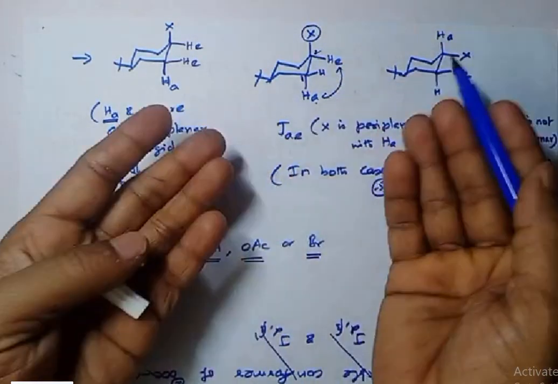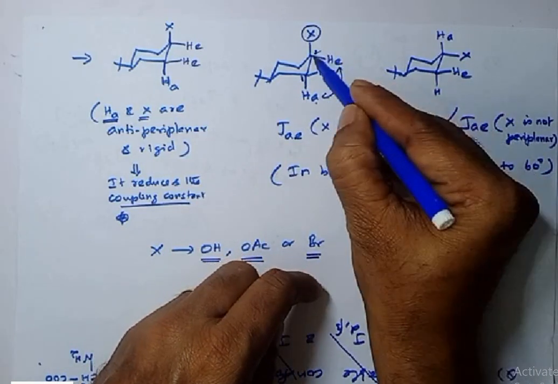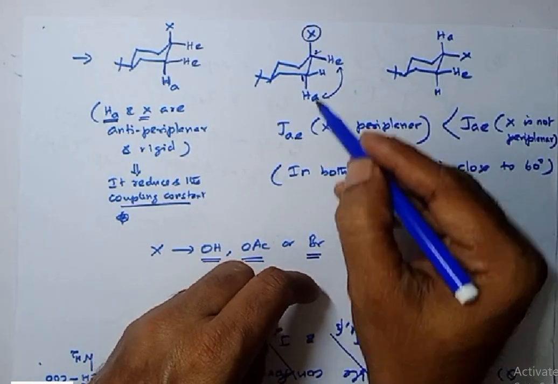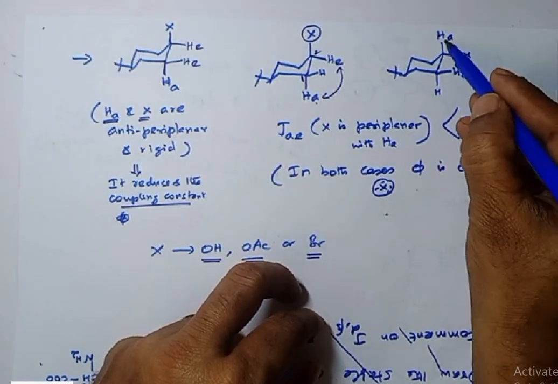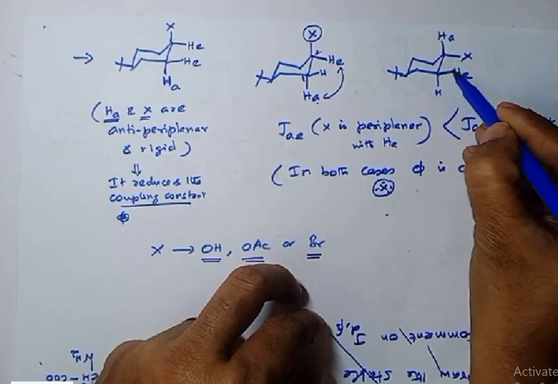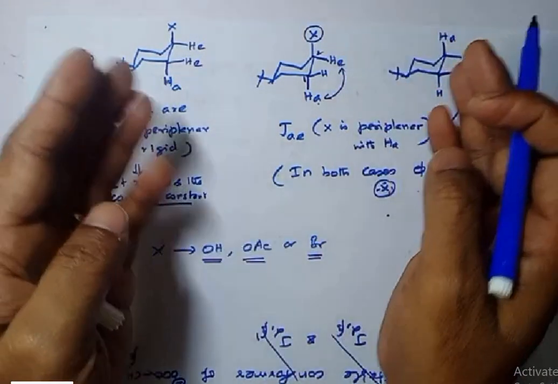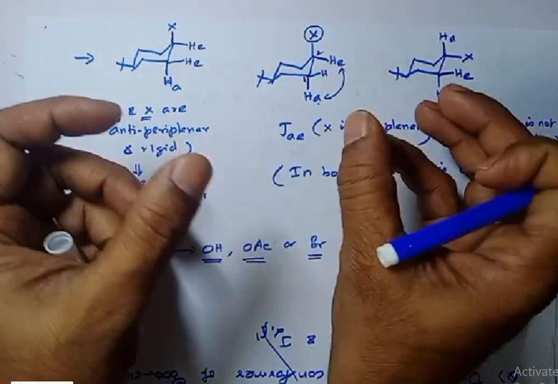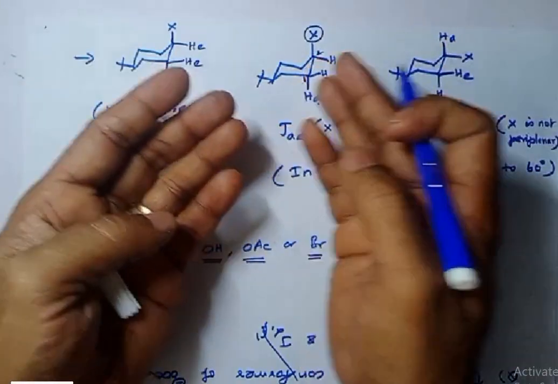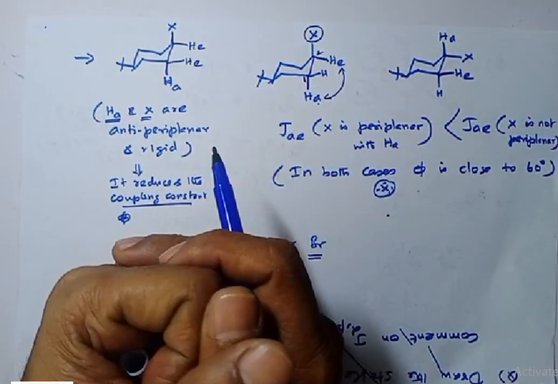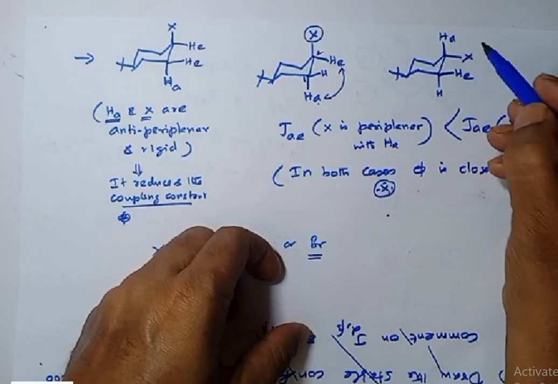See, why are we discussing this specifically? Listen, the angle between this axial hydrogen and this equatorial hydrogen will be close to 60 degrees. Similarly, here also the angle between this axial hydrogen and this equatorial hydrogen is close to 60 degrees. So if the angles are 60 degrees, the dihedral angles are almost equal. Therefore, we expect the two to have the same coupling constant, the axial-equatorial coupling constant here and the axial-equatorial coupling constant here.